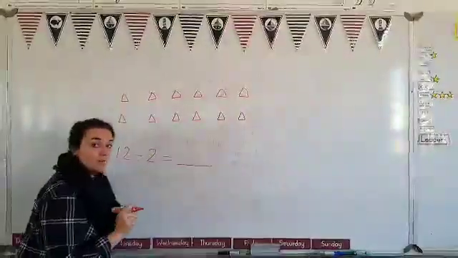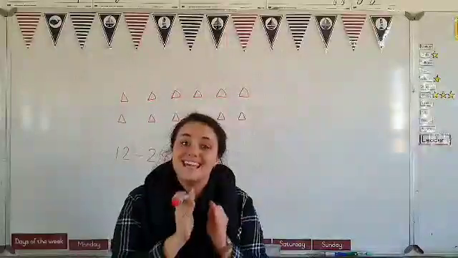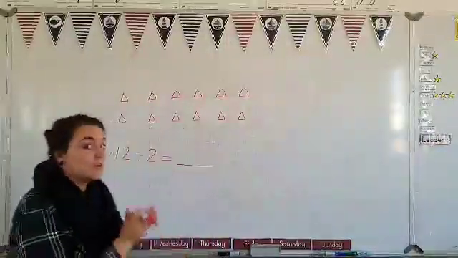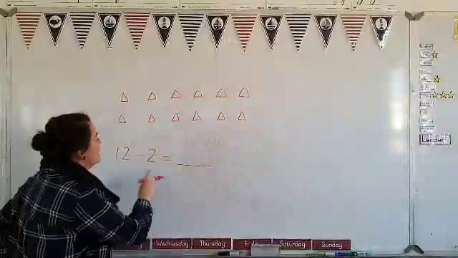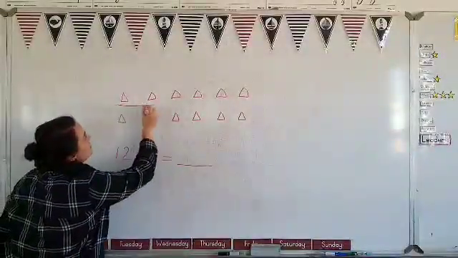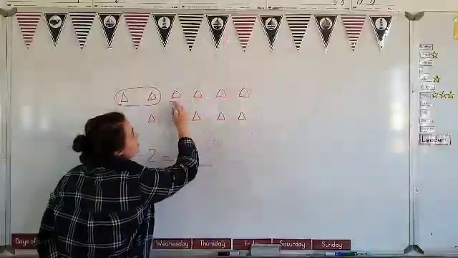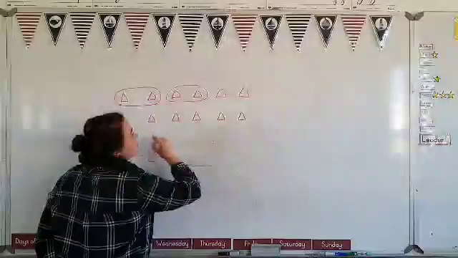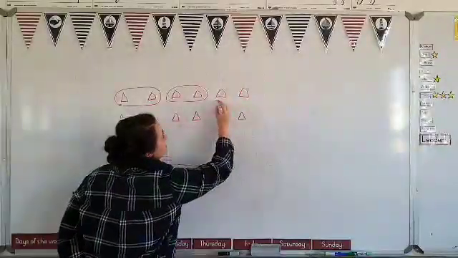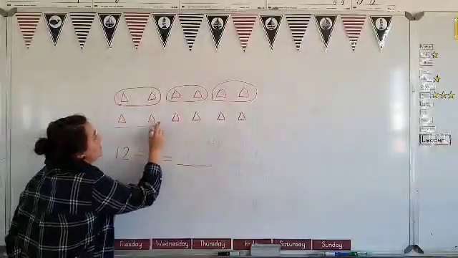So remember, division is when you divide something into groups equally. So we're going to make groups, 2 in each. 1, 2. Make a group. 1, 2. Make a group. 1, 2. Make a group. 1, 2.